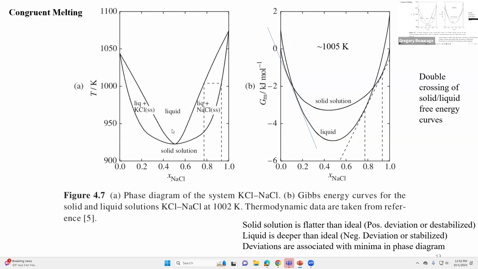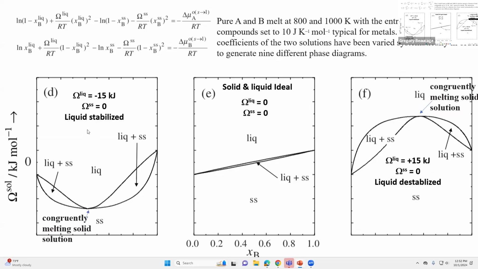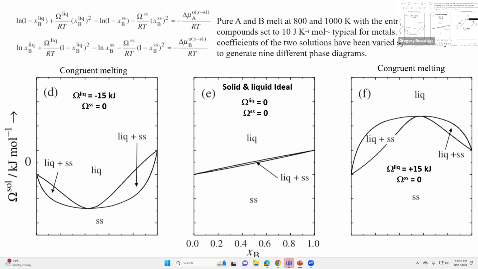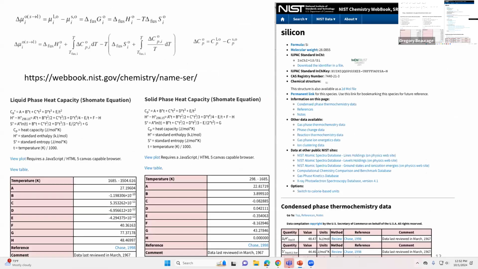So you get this solid solution behavior with a dip in the middle. That's this case. We have omega minus 15 for the liquid, and this one's 0. You made the liquid more stable, and you get congruent melting. Right, liquid stabilized. And then if they're both 0, you get this simple solid solution behavior. You just have a central gap and you have both phases. That's the one that's just the solid solution.